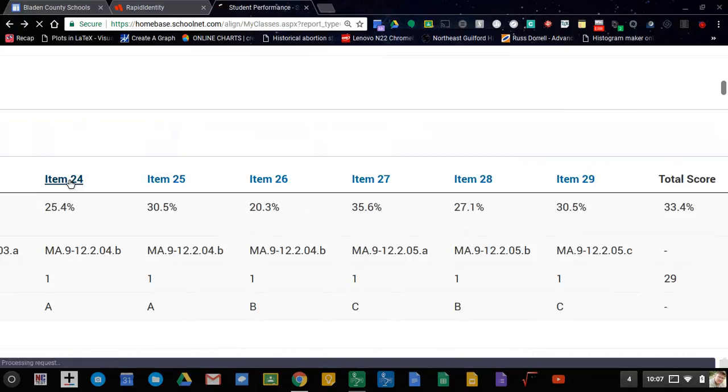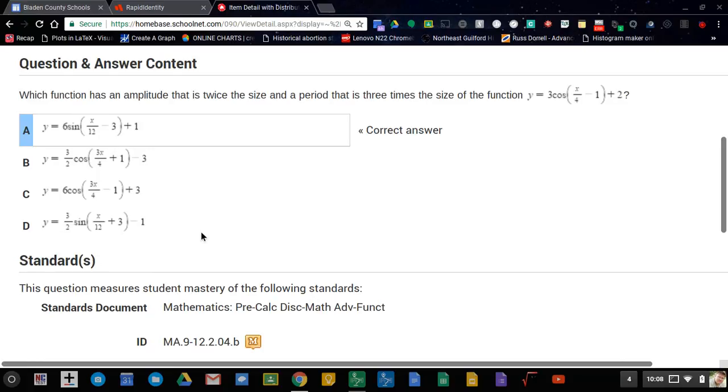All right, guys, this problem is a trig function. It says which function has an amplitude that is twice the size and a period that is 3 times the size of the function y equals 3 cosine of quantity x over 4 minus 1 plus 2, okay?